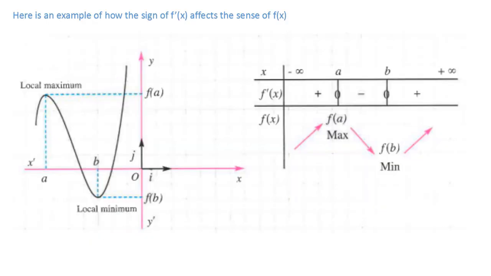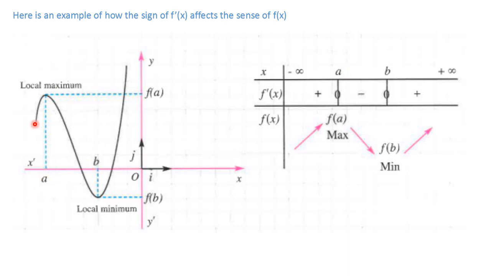So let us see an example of how the sign of f prime of x affects the sense of variation of f of x. As you can see here in the table, from minus infinity to a point A, the derivative is positive.